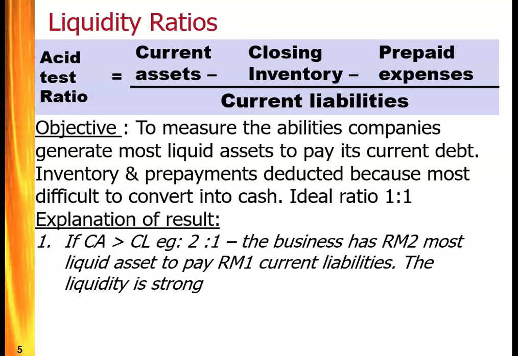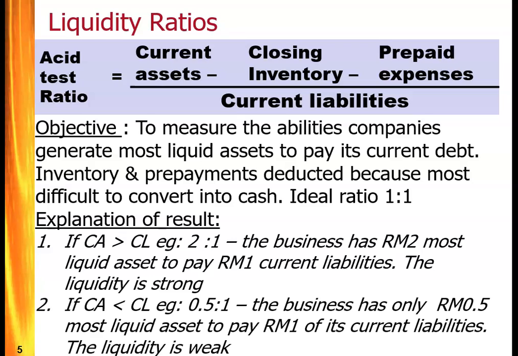If the current asset is less than the current liability, for example 0.5 to 1, it means that you have only 50 cents of most liquid asset to pay 1 ringgit of current liabilities, so it is definitely weak because you do not have sufficient most liquid asset, the cash, to pay your short-term debt.